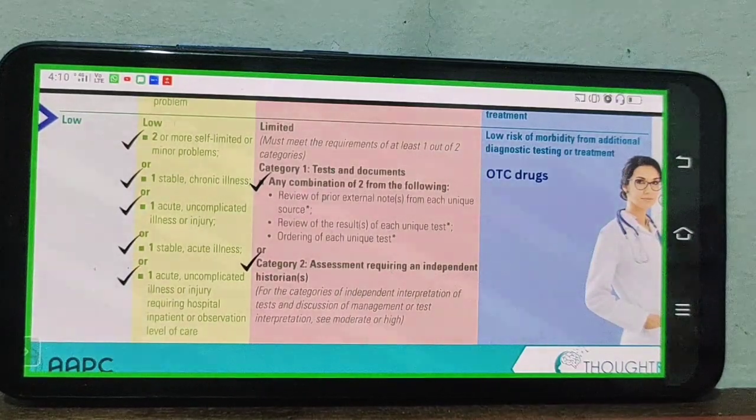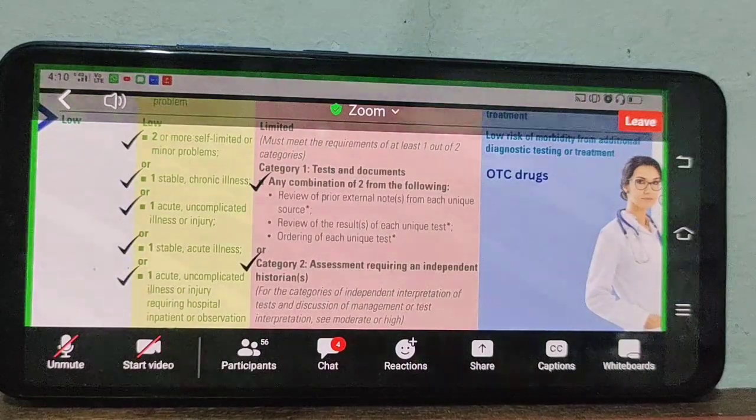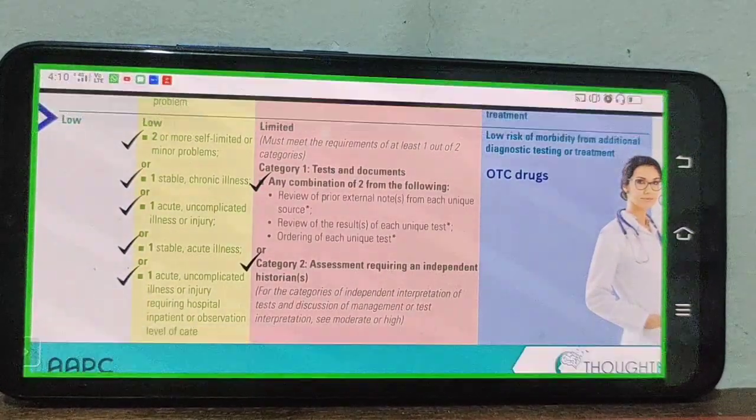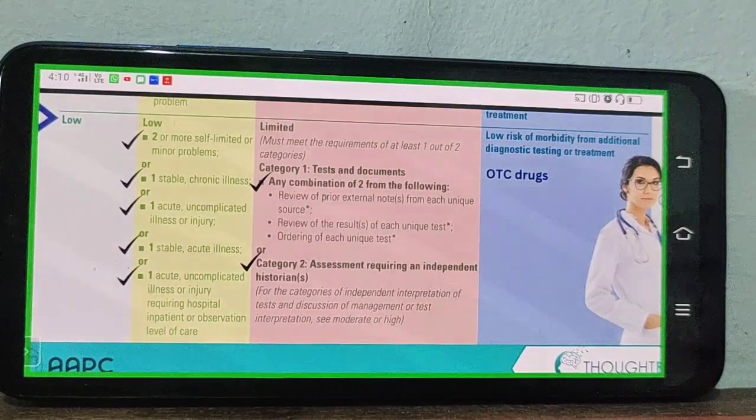Paracetamol, Calpol, cough syrup, cetirizine. Those types of medicines are called OTC.